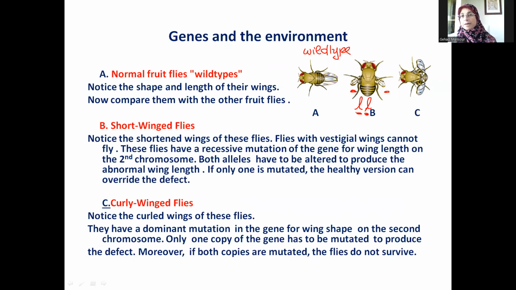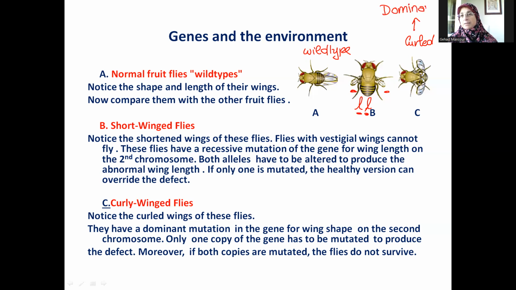There is another abnormality of the wings that is called curled wings, and actually they're not curled in shape, but they are curled in their direction. As you see in letter C, they don't have the normal direction towards the posterior part of the insect, and this curly winged fly should have received a dominant mutation. So contrarily to letter B, where we have the vestigial wings because of a recessive mutation, we have the curled wings due to a dominant mutant gene.